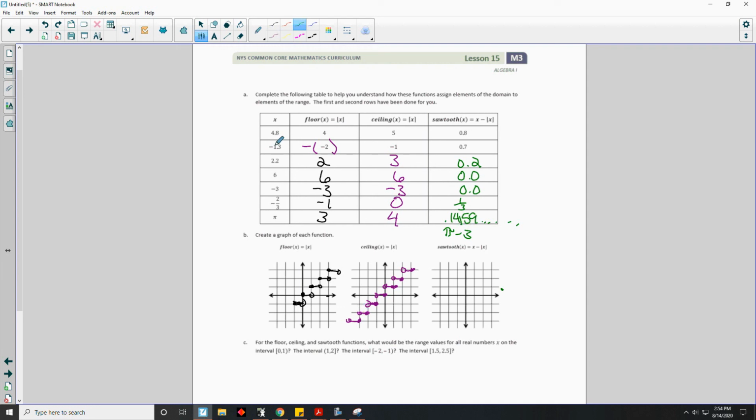If I went over 1.3, I'd go up 0.7. Let's just graph these first. 2.2 to the right, up 0.2. If I went 2.3 to the right, I'd go up 0.3. 2.9 up 0.9. So what this is doing, it's going up at an angle.